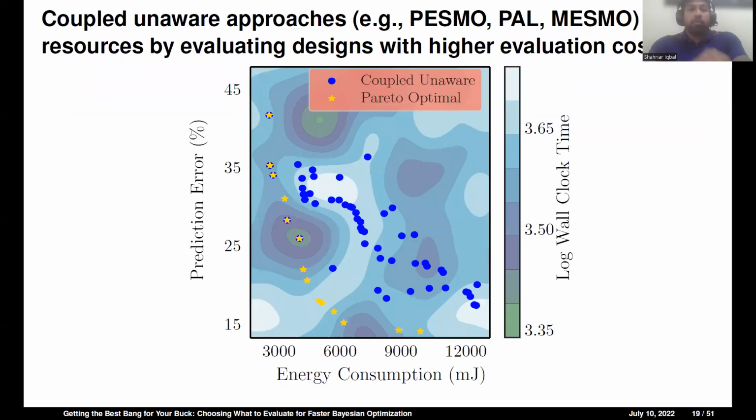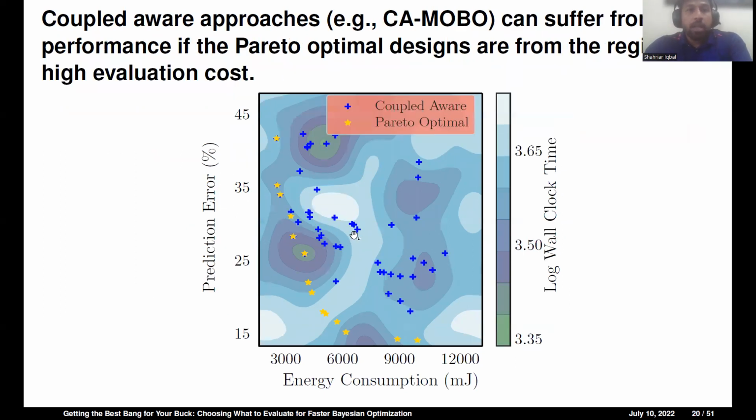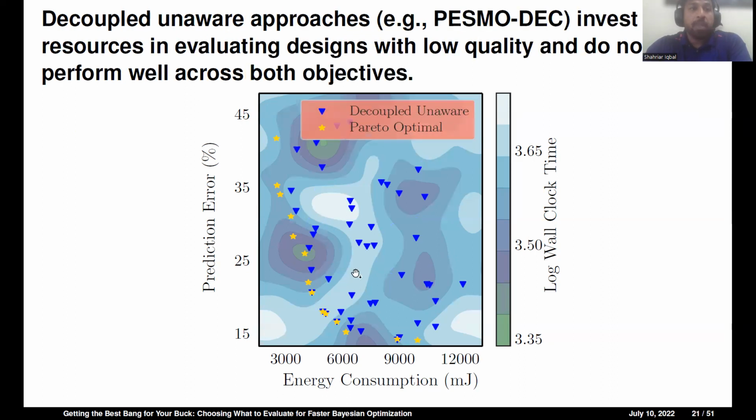To dig deeper, we find that coupled aware approaches waste resources by evaluating designs with higher evaluation cost. Here you can see they have evaluated a lot of designs from the expensive regions. Coupled aware approaches are not particularly useful when the Pareto optimal designs are coming from regions with higher evaluation cost, because they tend to prefer evaluating designs from the lower evaluation cost and can produce suboptimal results.